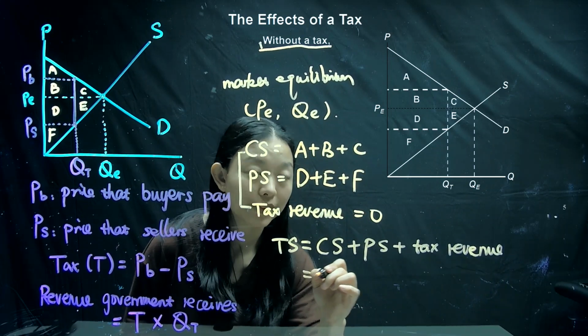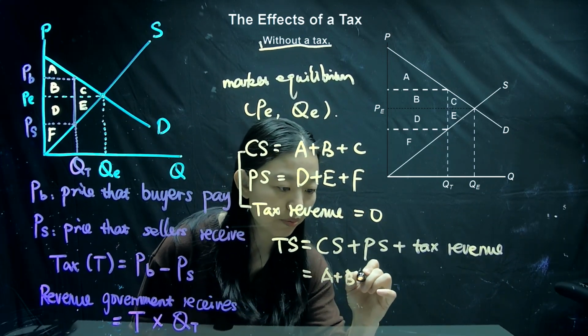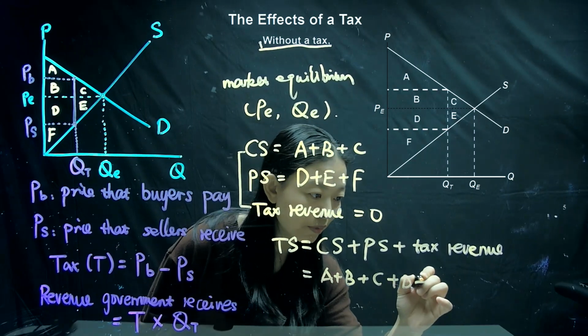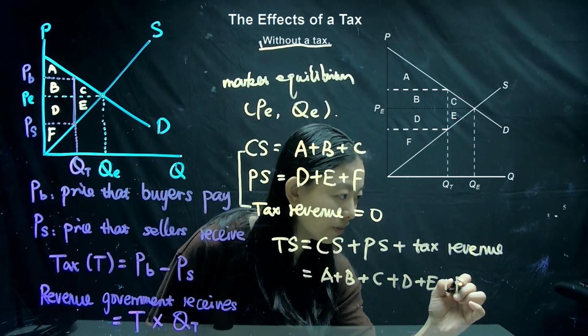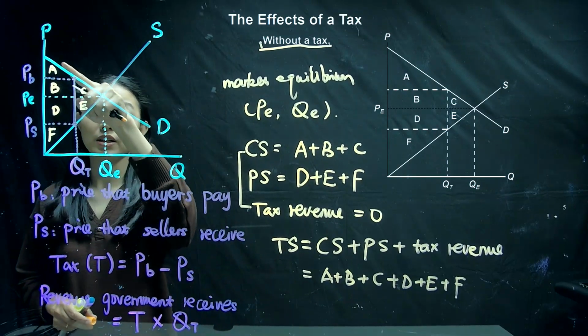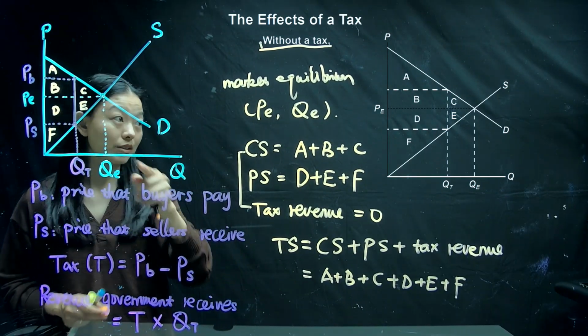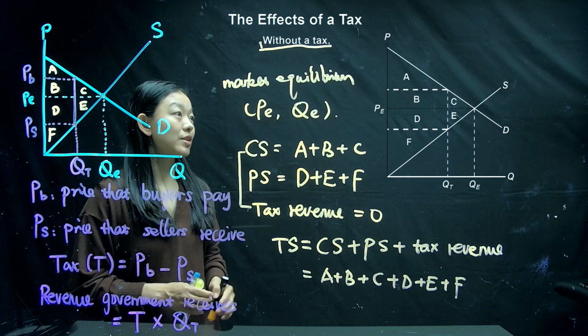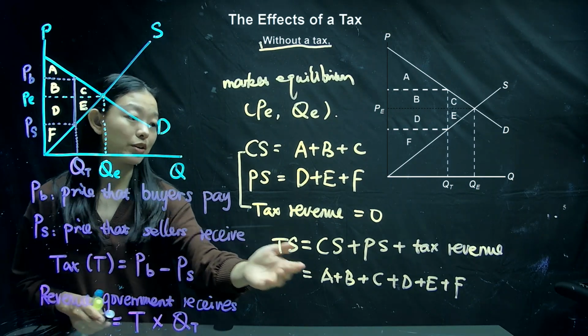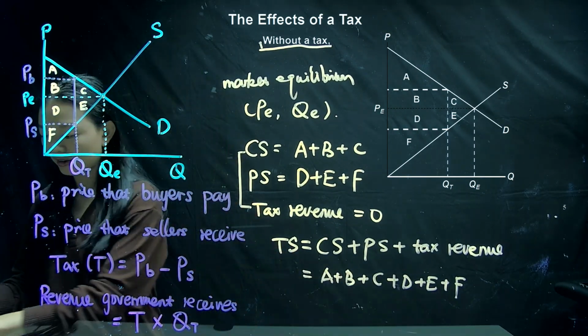So it will equal A plus B plus C plus D plus E plus F. Actually it's this big triangle. So this is the total surplus without tax.